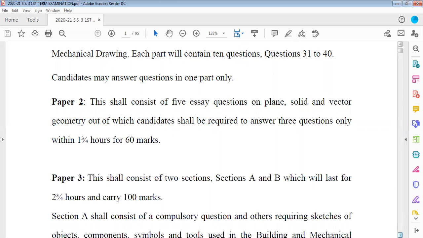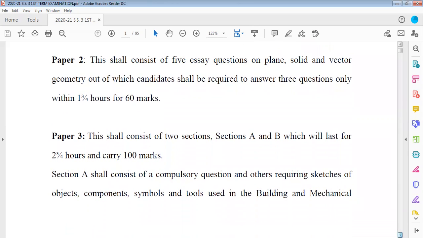If you are able to answer 3 questions correctly, that will earn you 60 marks. So take note of that. That is paper 2.